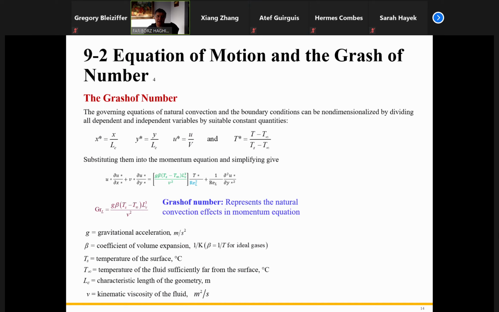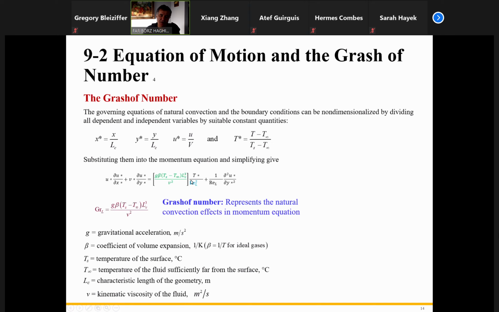Now when we normalize the equation, we can see there's one factor here, and if you put all the dimensions in, this becomes dimensionless. The Reynolds number is dimensionless here, and we have one function over Reynolds number squared.